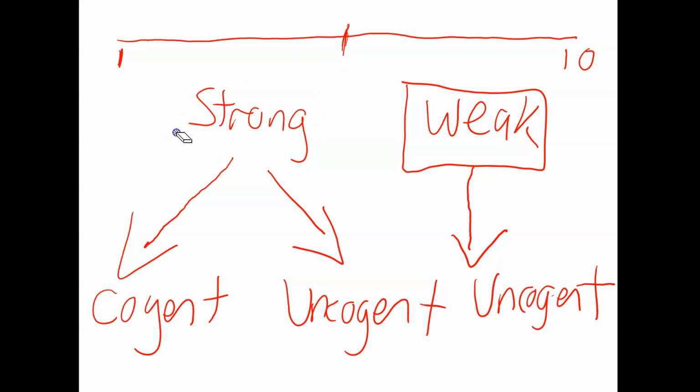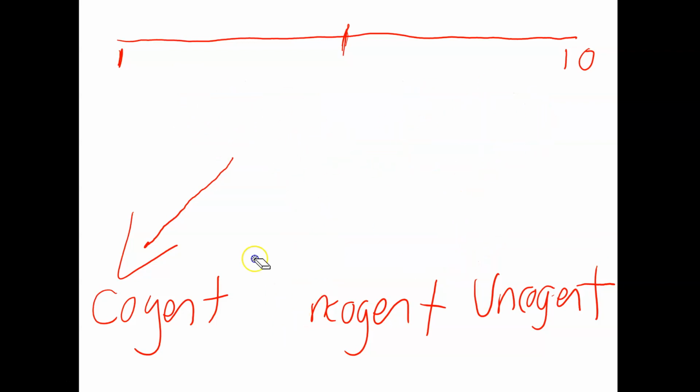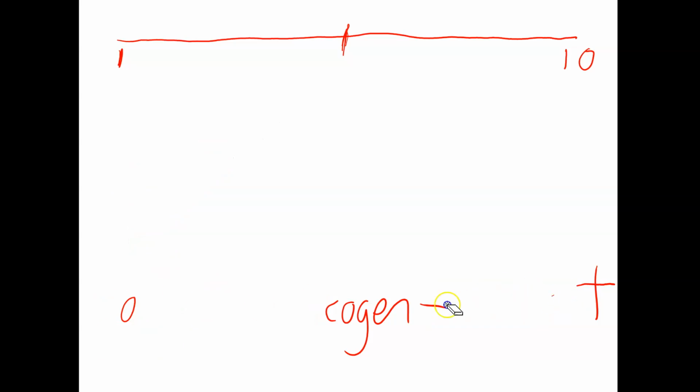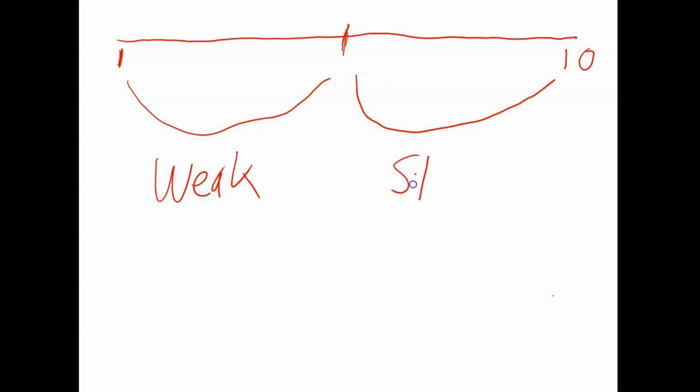I'm going to erase this stuff for now. Okay, so 1 and 10. This is where you might consider the argument weak, and then here's where you'd consider it strong, right?